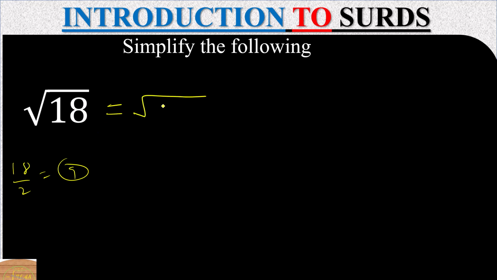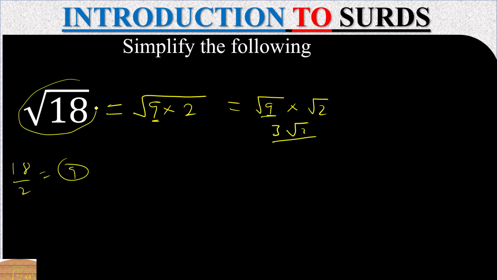So √(9 times 2) is the same as √9 times √2, so we have 3√2. Of course, if you take the square root of this on your calculator, it will give you this, so you can verify.